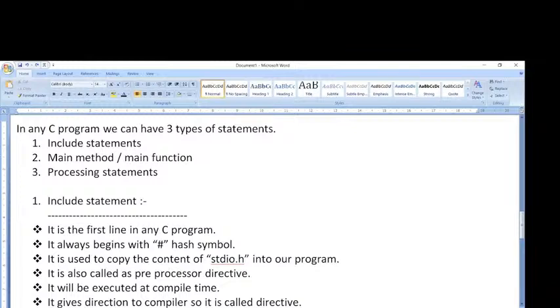It has 6 models. One is main, second is int main, third is void main, fourth is main of void, fifth is int main of void, sixth is void main of void.